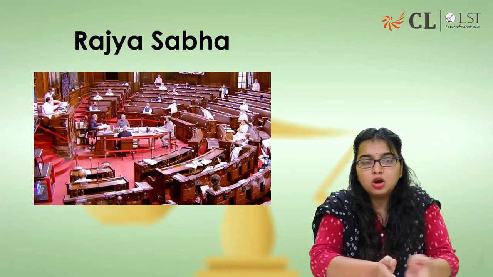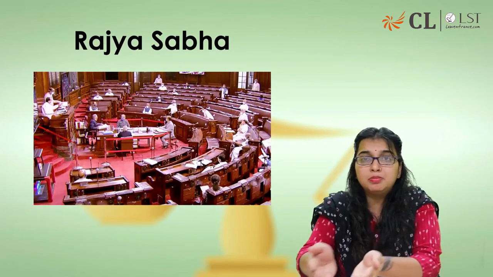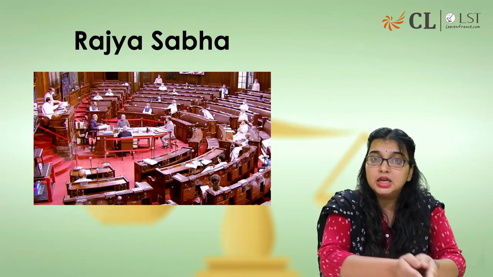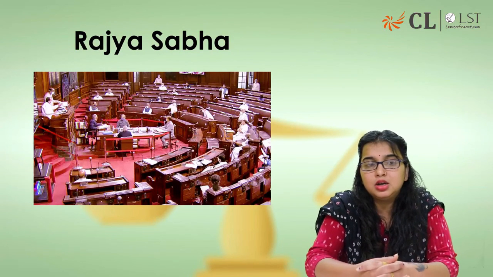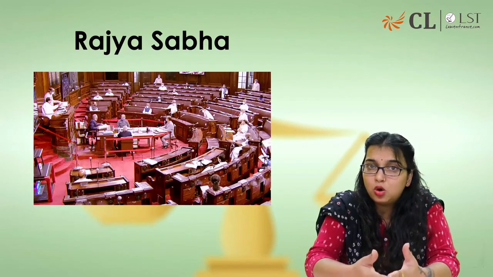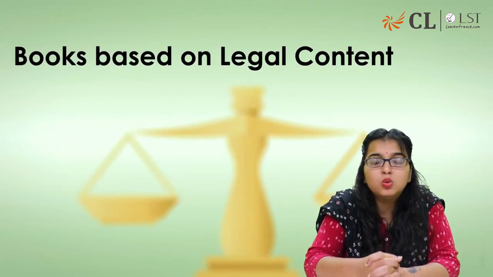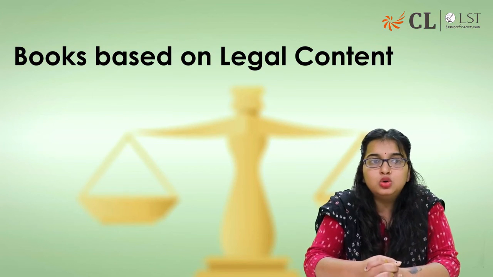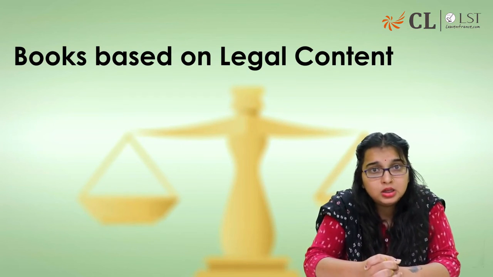The second source could be the general legal affairs that are going on, probably any debate that's going on in Rajya Sabha about some privacy bill, or maybe any particular bill that has been proposed in a particular house. That could also help you to be aware about the content. And also some books would help you to be aware about the legal content.